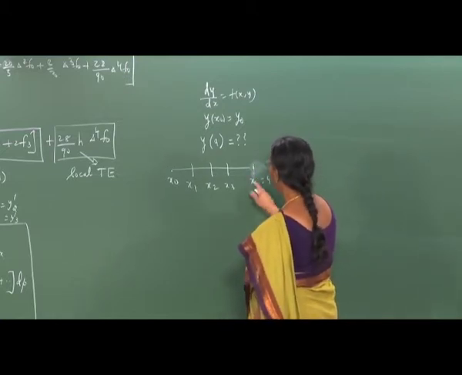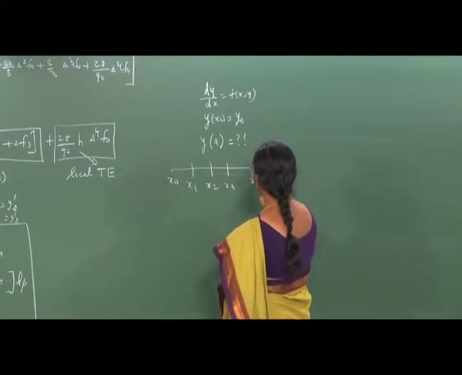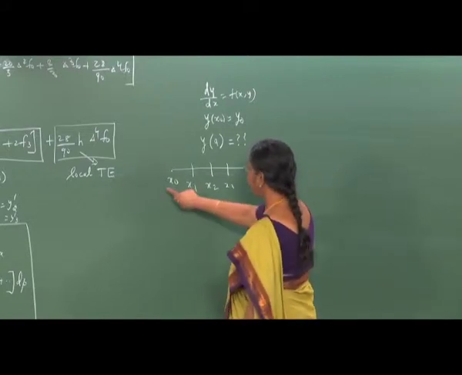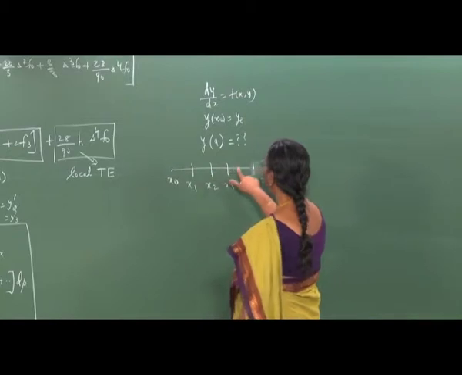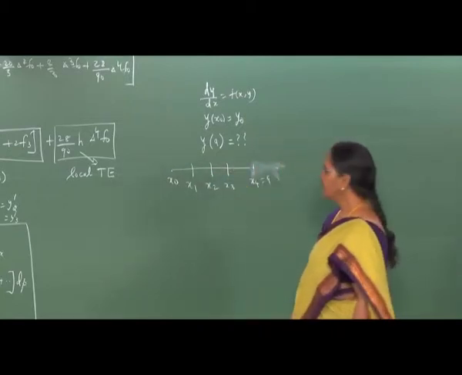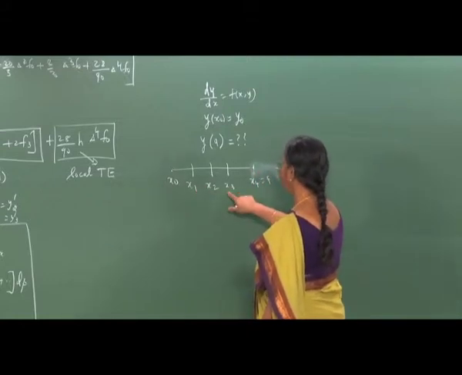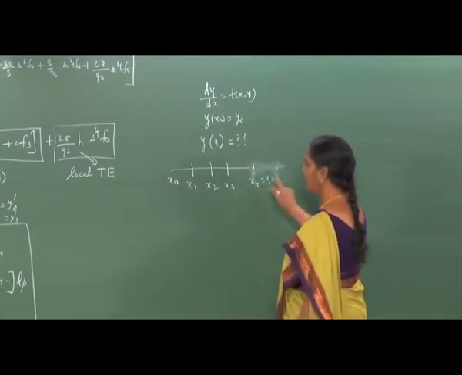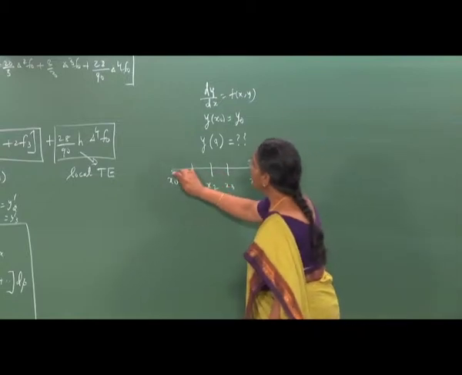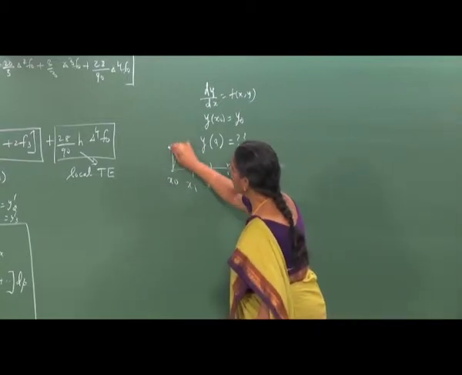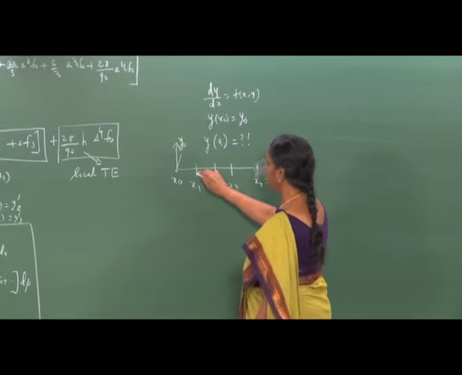So, divide the interval of width a minus x naught into 4 equal parts by means of points x naught, x1, x2, x3 and x4, which is a. Information at x naught is given by the initial condition.